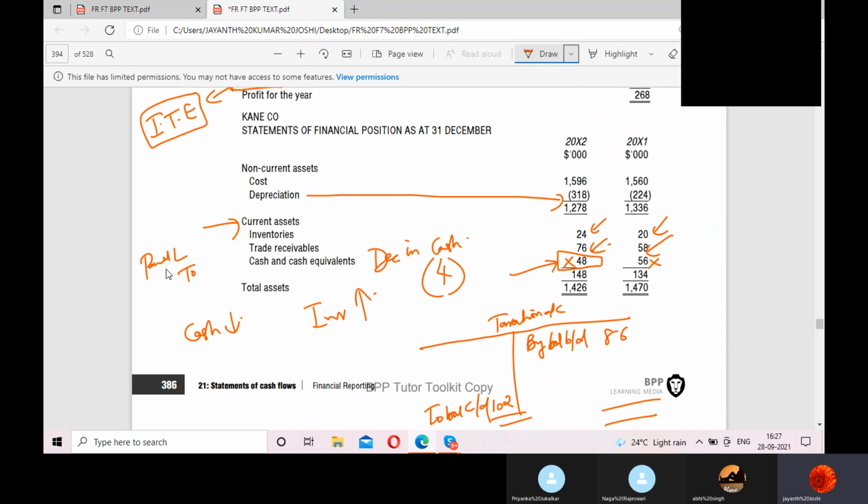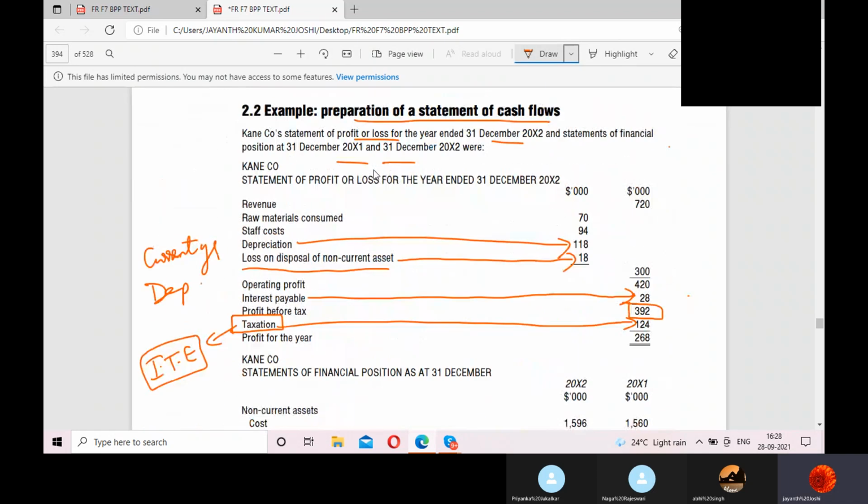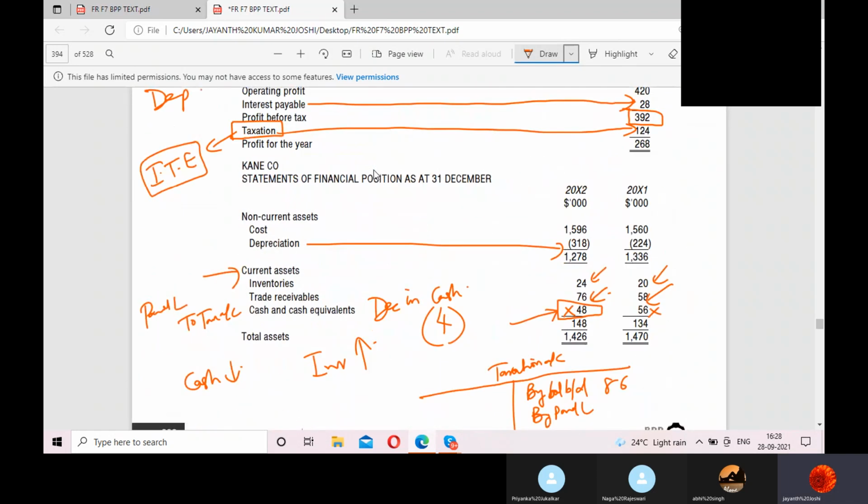Yes. So P&L account to taxation account. So I will write by P&L. How much was that? 124.